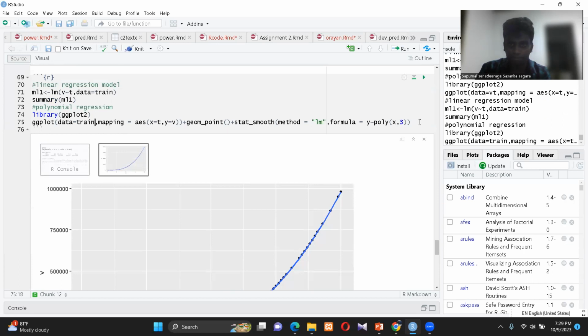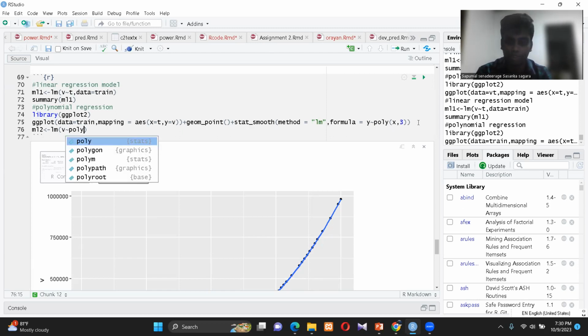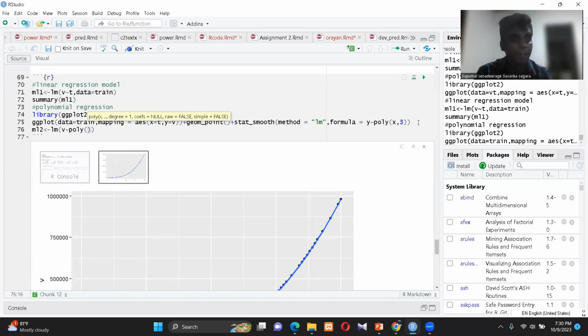So let me change the linear regression model to ML2. All these variables are significant. Actually we are having only two variables, right? So it's a very simple regression model, not a multilinear regression model, right? V against T, but poly, right? Poly of time, third degree, right?